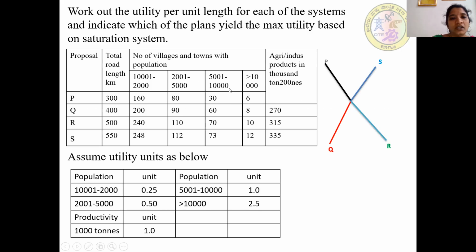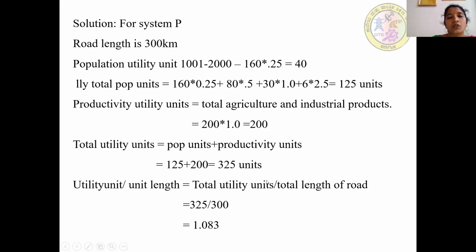And for 5001 to 10,000, you have 30 into 1. So total population units will be 160 into 0.25 plus 80 into 0.5 plus 30 into 1 plus 6 into 2.5. So in total you will be getting 125 units.